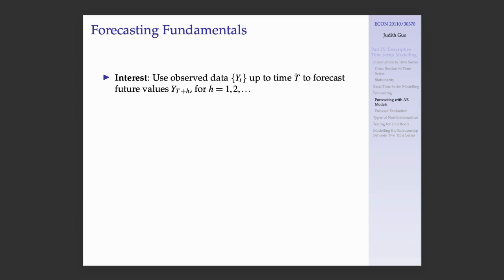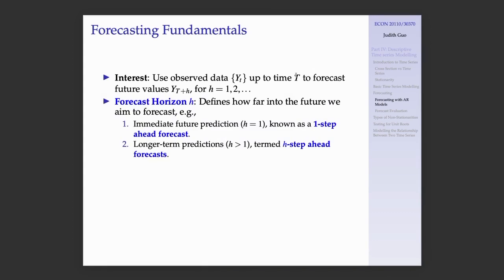And we want to use it to forecast future values for y capital T plus 1, 2, or whatever value of h one might be interested in. Typically, this h is what we call a forecast horizon. It defines how far into the future we want to forecast.